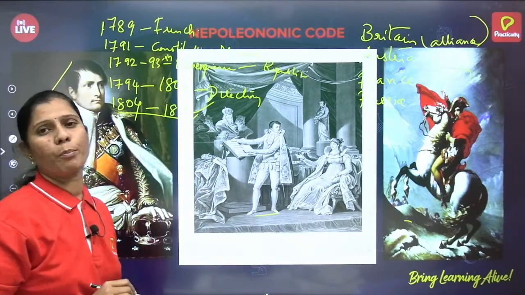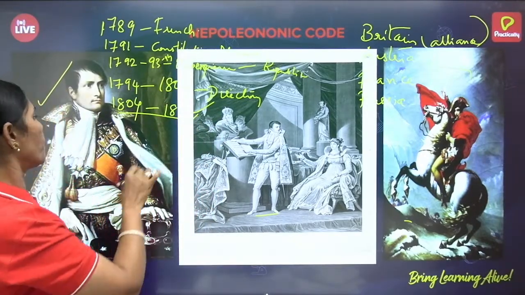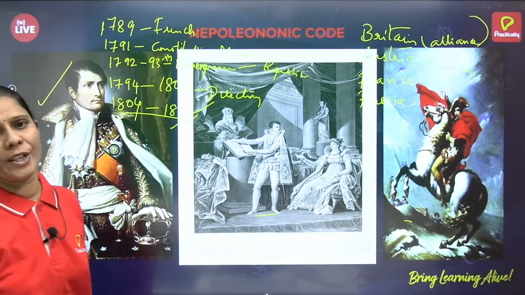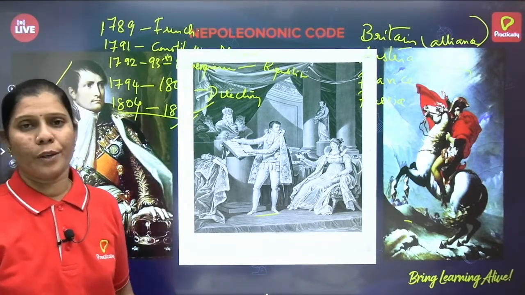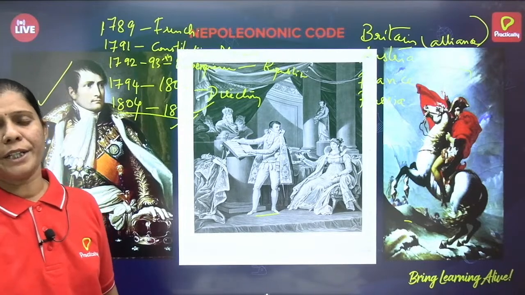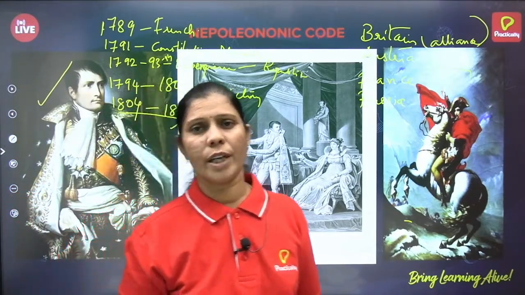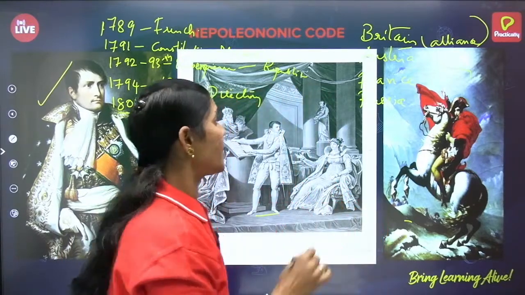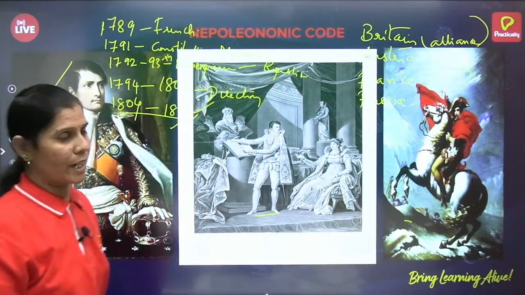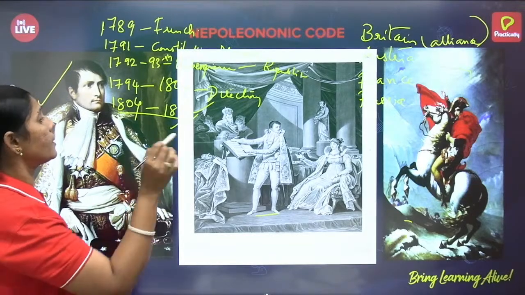They planned a plot to defeat Napoleon, thinking: if we leave Napoleon like this, he may take control of complete Europe, and we cannot do anything.